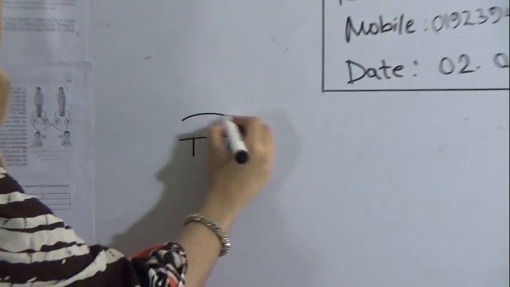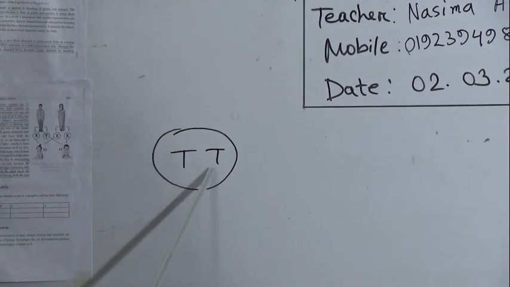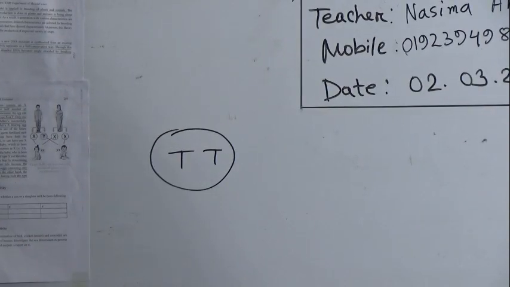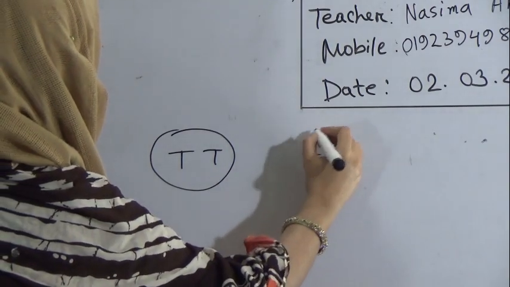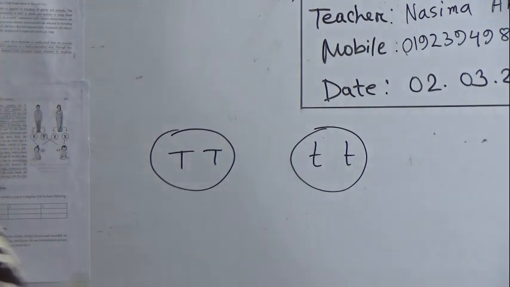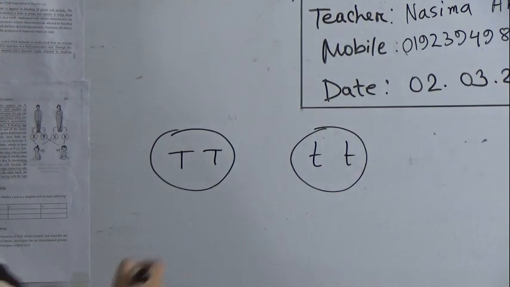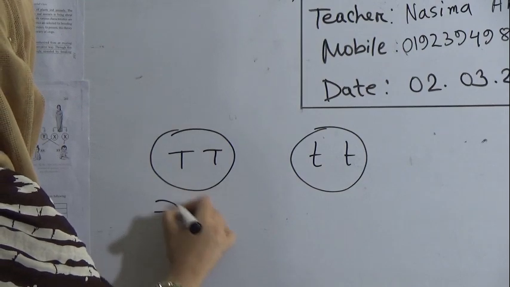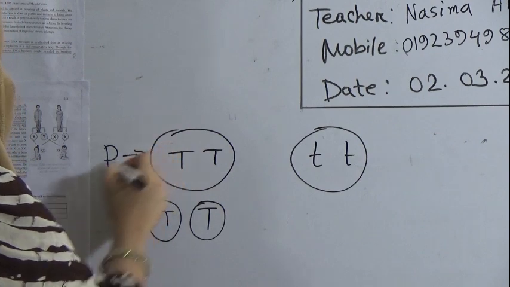If we express it here, look here: two capital T and capital T, that means the parent chromosomes are both capital T, which is the dominant character. From here, these are the gametes of the parents.